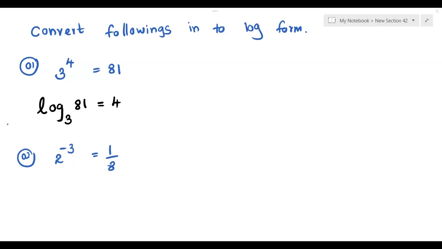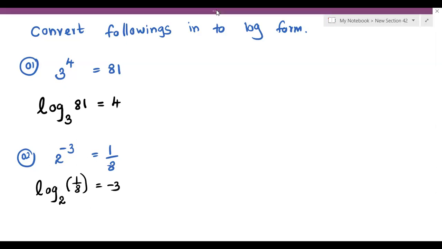Yes, what is the answer we obtain? It is logarithm. Then base is 2. Always write the base. After you write the base, then write the answer within this. It is equal to the exponent. Okay.